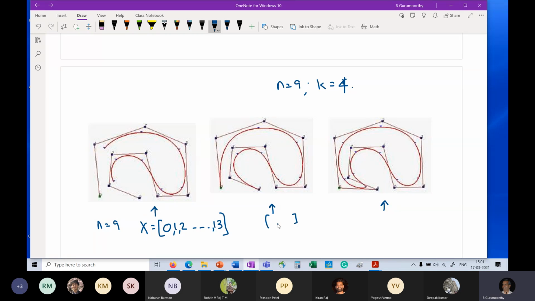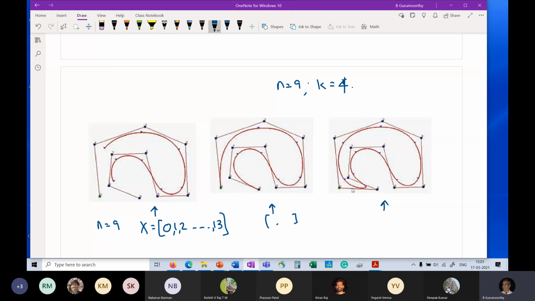It is slightly different. This is, of course, to show that I can get closed curves also with the same formalism, except by the fact that I have repeated the last control point to be the same as the first control point. Right? So if I started, I don't know where the 0 is, probably the 0 is here.